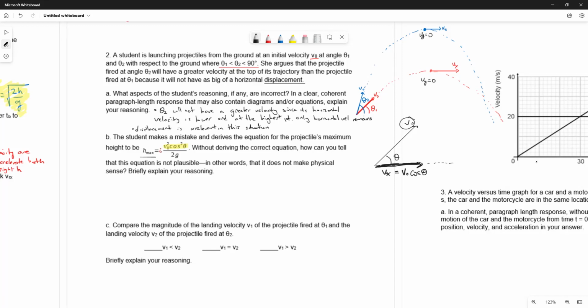We want to know how high this thing goes, and so we would only be concerned with the vertical component. I know it's really hard to read this writing, but that's why I'm narrating it as well. We'd only be concerned with the vertical component, not horizontal.